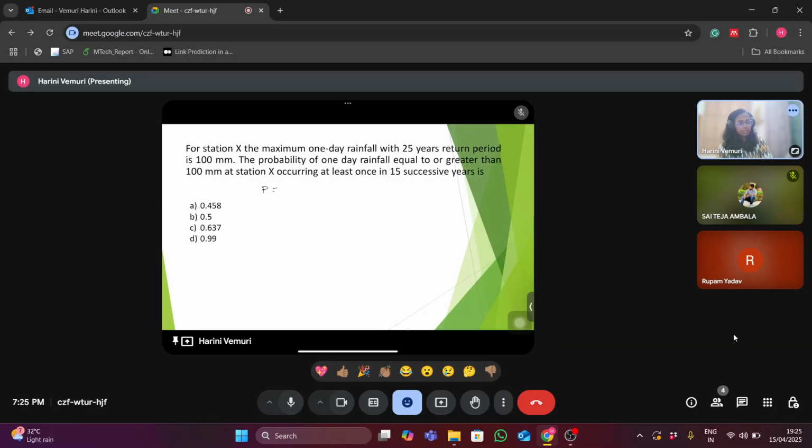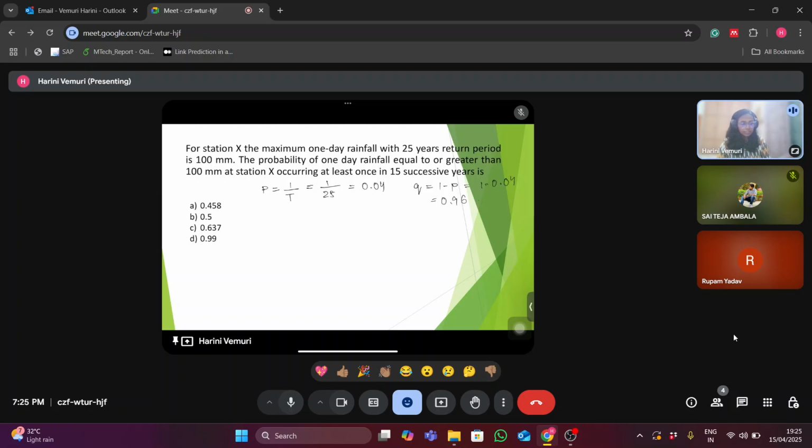So the probability of rainfall equal to or greater than 100 mm can be calculated as 1 by T, where T is the return period. So it is 1 by 25, that is equal to 0.04. So the probability of not receiving a rainfall of magnitude greater than or equal to 100 mm will be 1 minus P, that is 1 minus 0.04, 0.96.